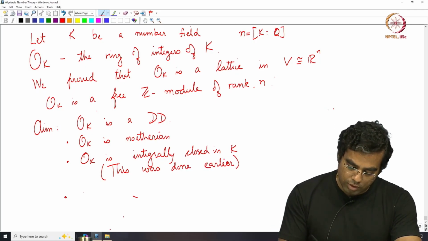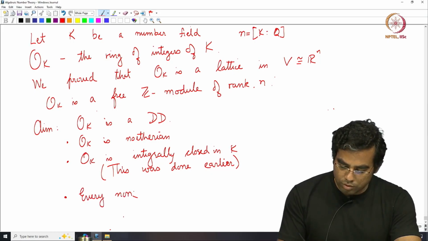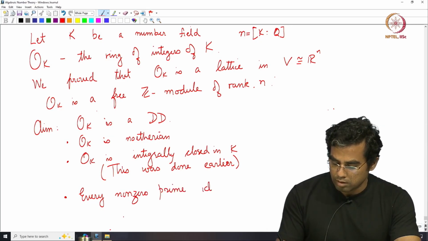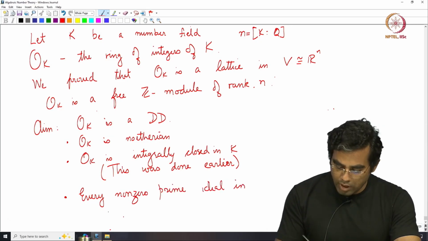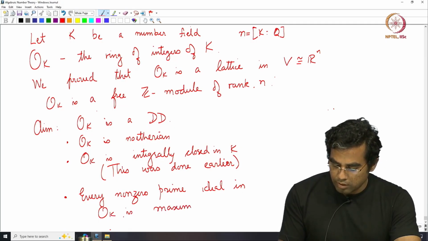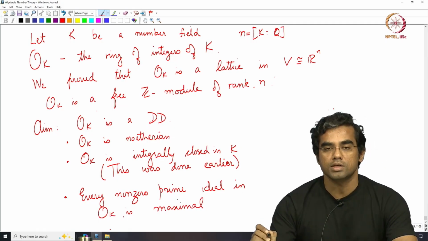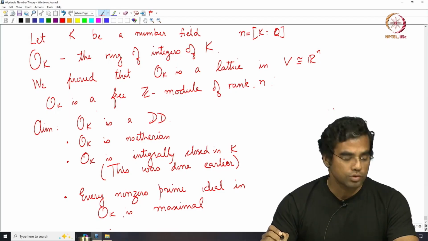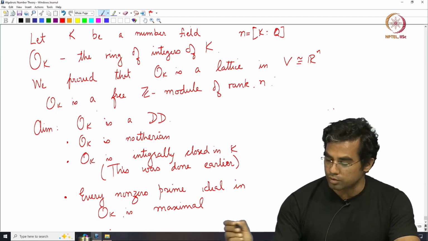And then I need to show that every non-zero prime ideal in OK is maximal. Okay. So, these are three things, and the second one we have already shown. So, we need to prove that OK is Noetherian.